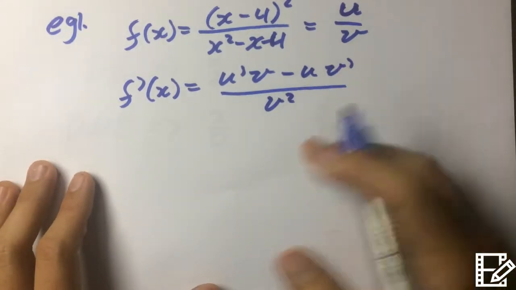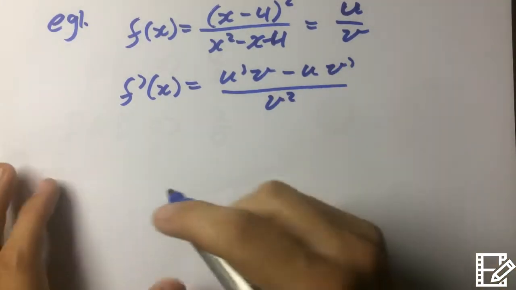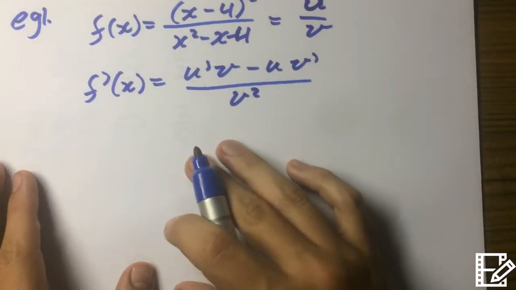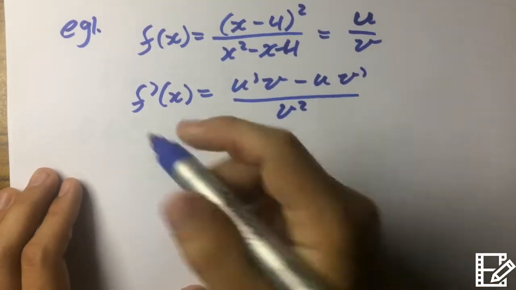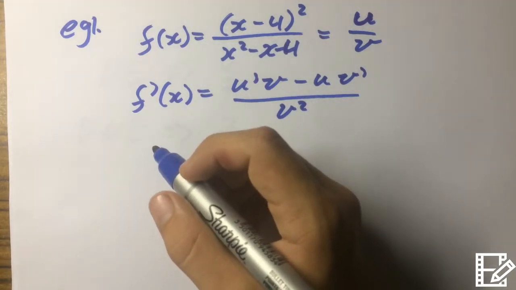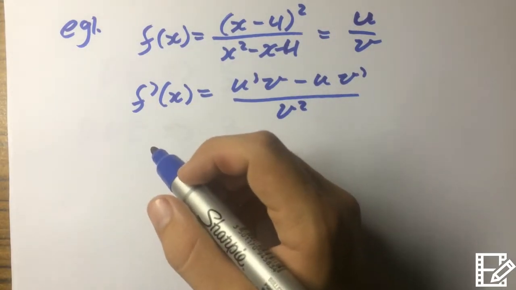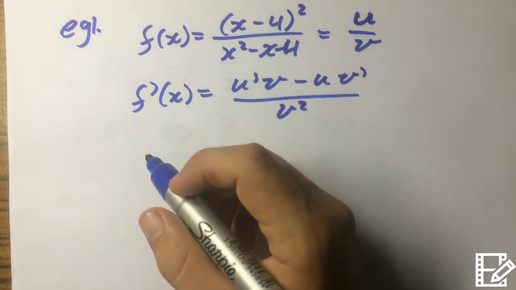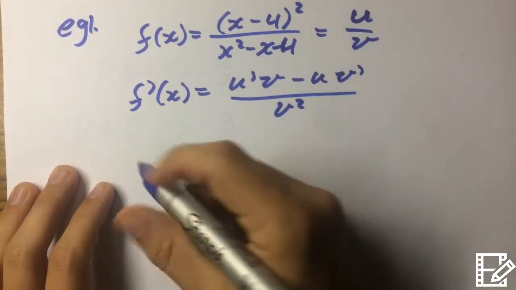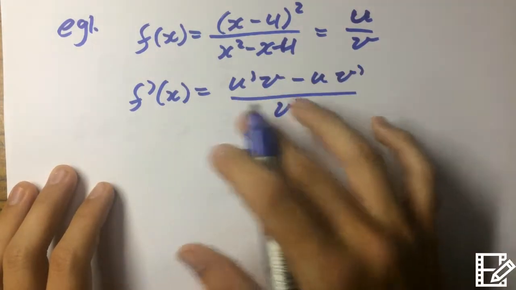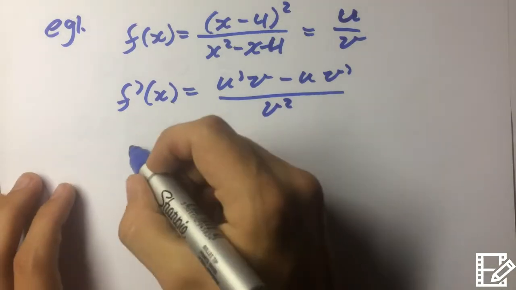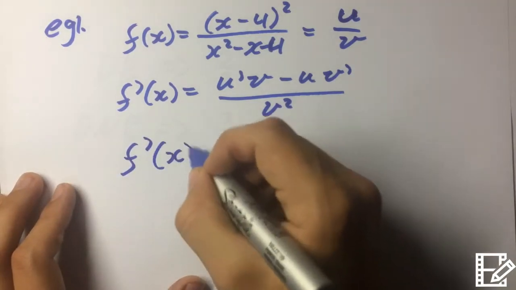Now, I'm not going to go through it, because I'll use up half a page just writing this stuff out, and it'll take too much time. So I'm just going to write it out after I simplify it. Instead of writing it out and then simplifying, I'm going to skip a few steps.